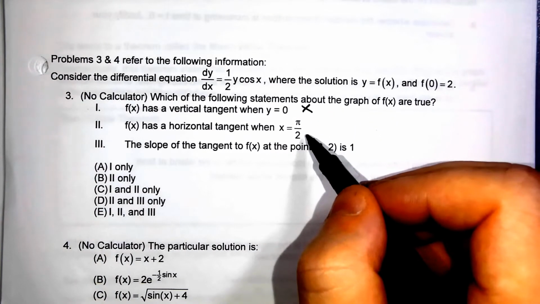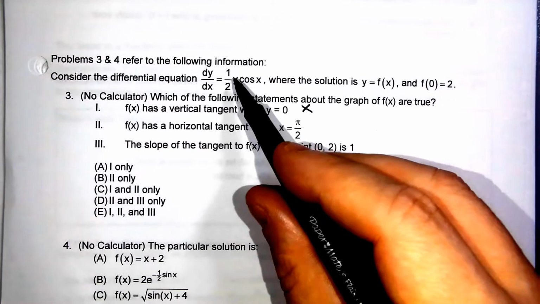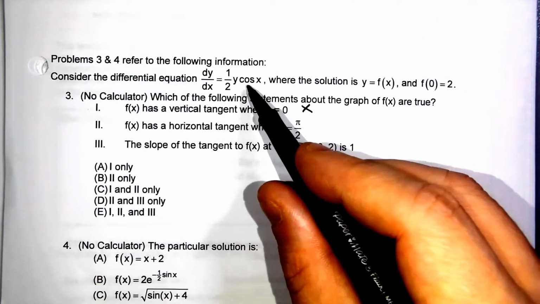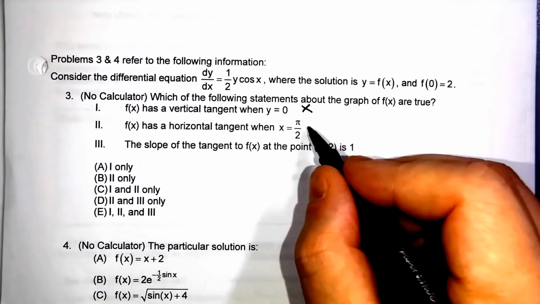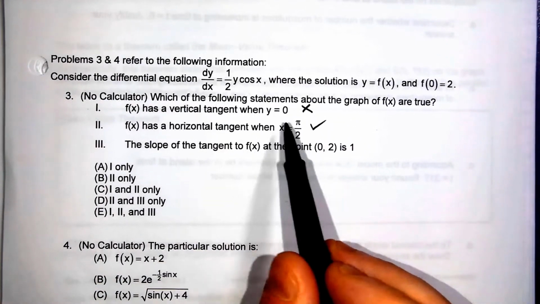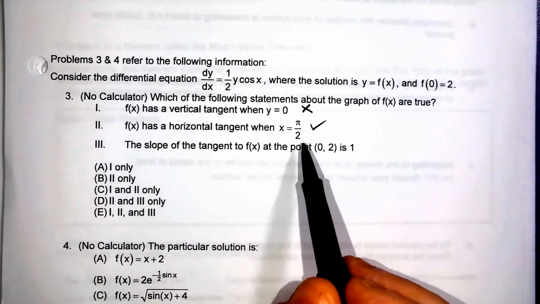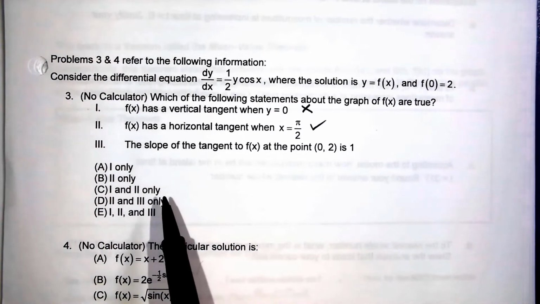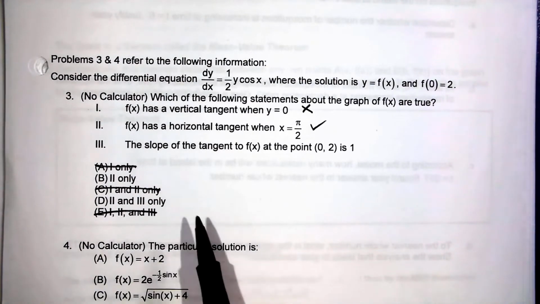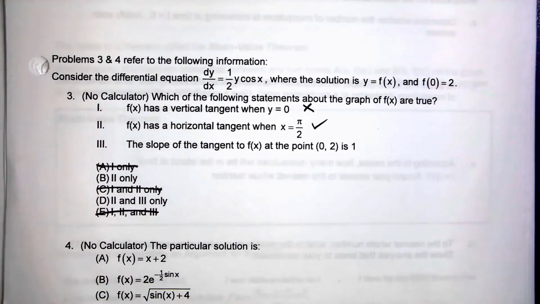If x were equal to pi over 2, 1/2 times y times cosine of pi over 2, and cosine of pi over 2 is 0, so you would have a horizontal tangent. That's true. So very quickly, just by plugging in y equals 0 and x equals pi over 2, we get that 1 is false, 2 is true.